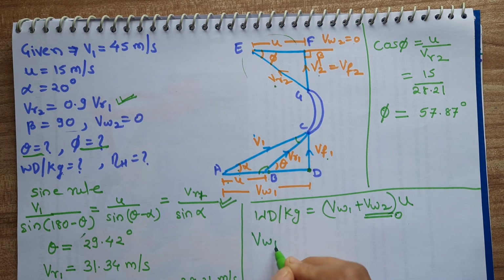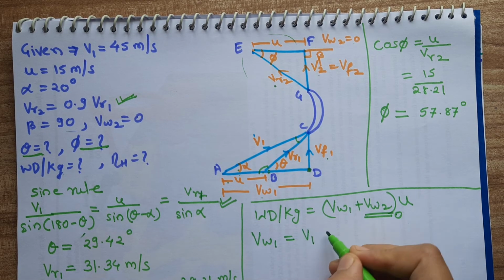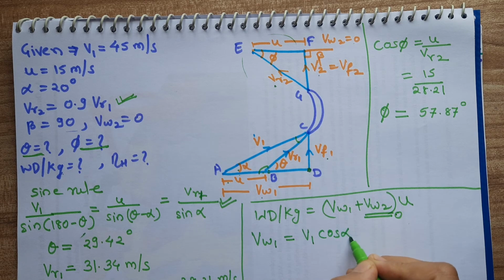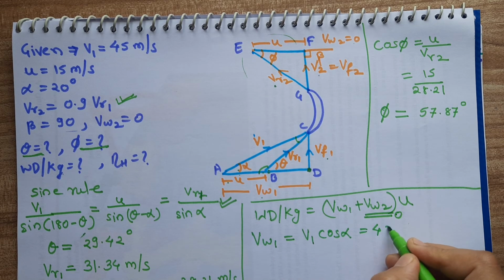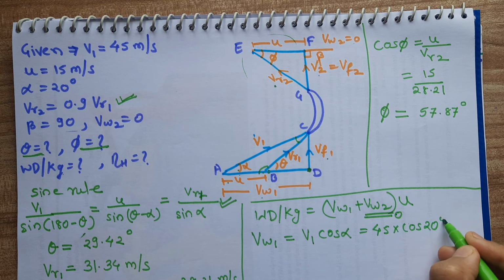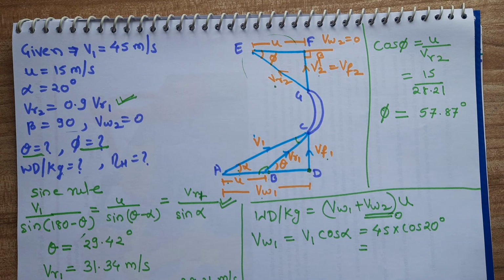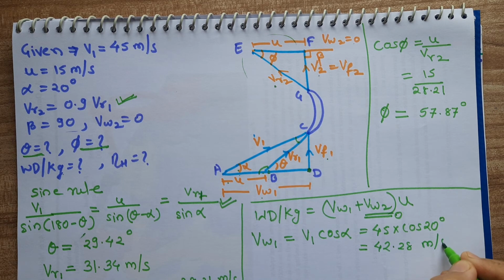We can find VW1 by using V1 cos of alpha. V1 is known to us as 45 multiplied by cos of 20 degree, and its value is 42.28 meter per second.